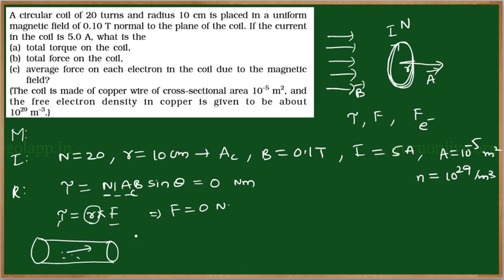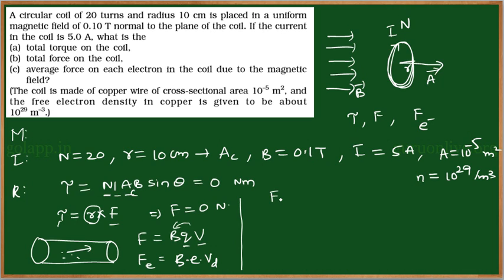F is equal to qvB, the force acting on a charge q having velocity v when it is moving in a magnetic field B. In our case it is Fe equal to B into e into vd, where vd is the drift velocity of the electron.